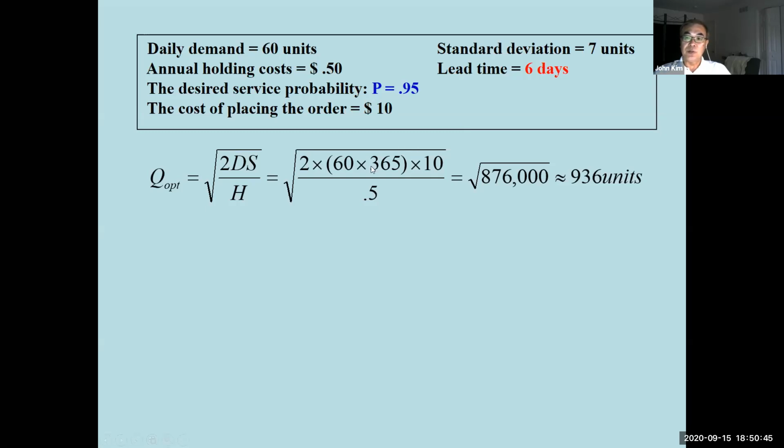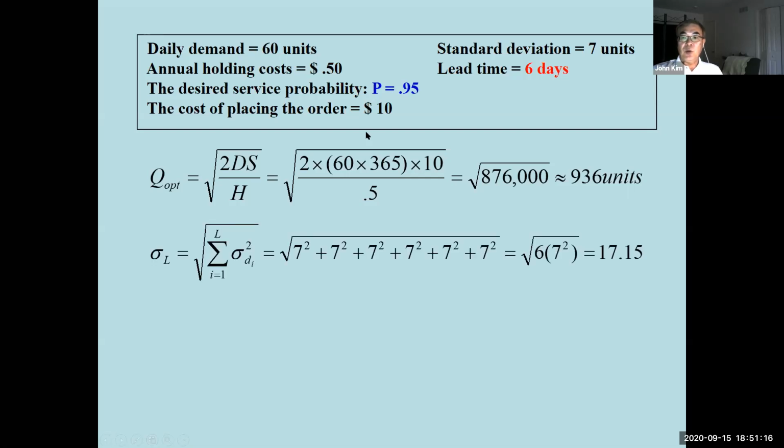So just use 365 times 10, order cost, divided by holding cost. Then the square root of 876,000 equals approximately, rounding up, 36 units order quantity. Then the reorder point.